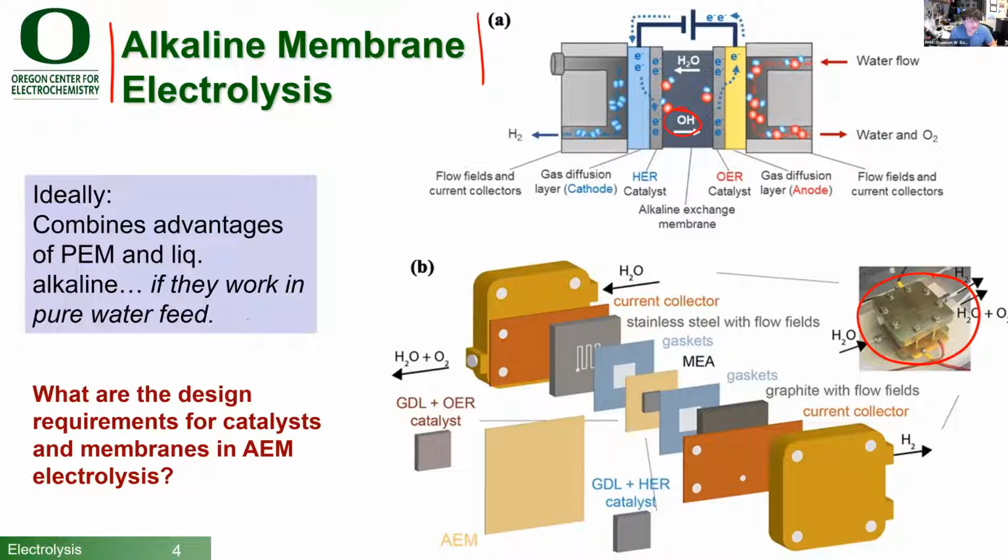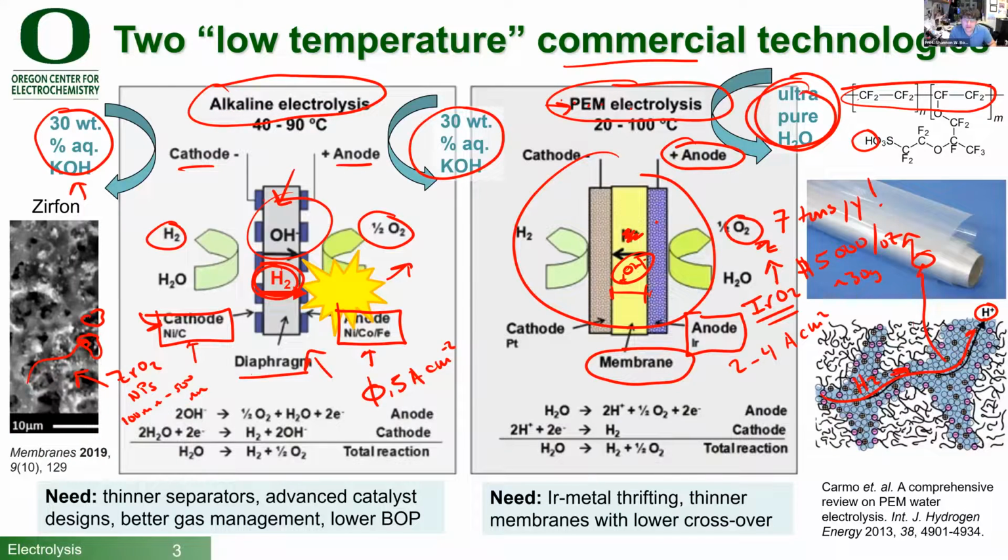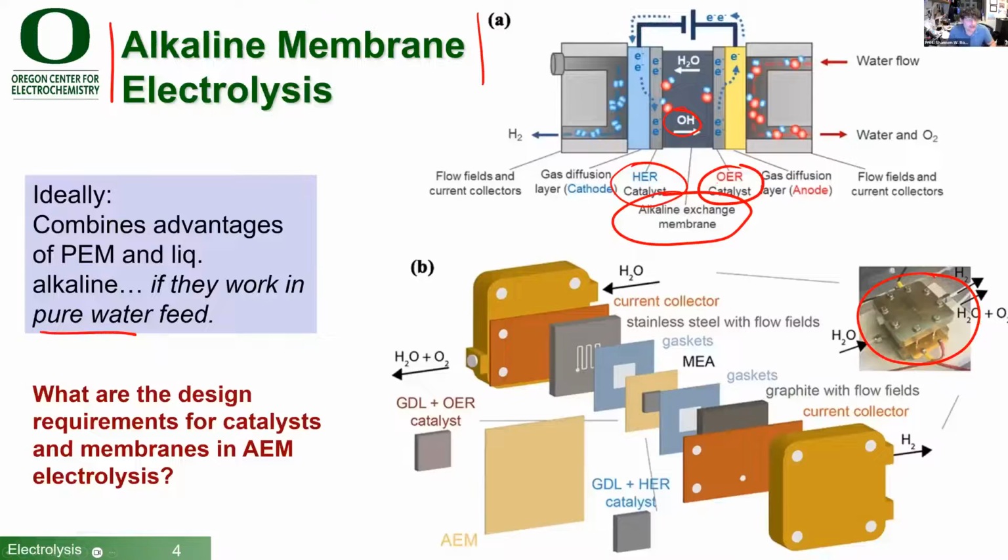And if this works, if you can drive efficient hydrogen production with this alkaline membrane, that allows you to use earth-abundant water oxidation catalysts and hydrogen evolution catalysts, so you don't need iridium. If you can do this and you can run it in this pure water feed to take advantage of this membrane-based architecture in a cell stack, this would be the ultimate electrolyzer.